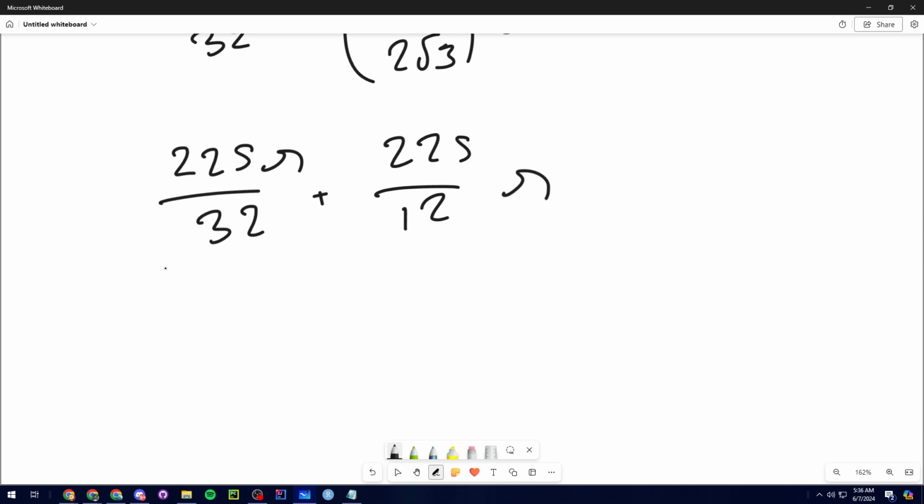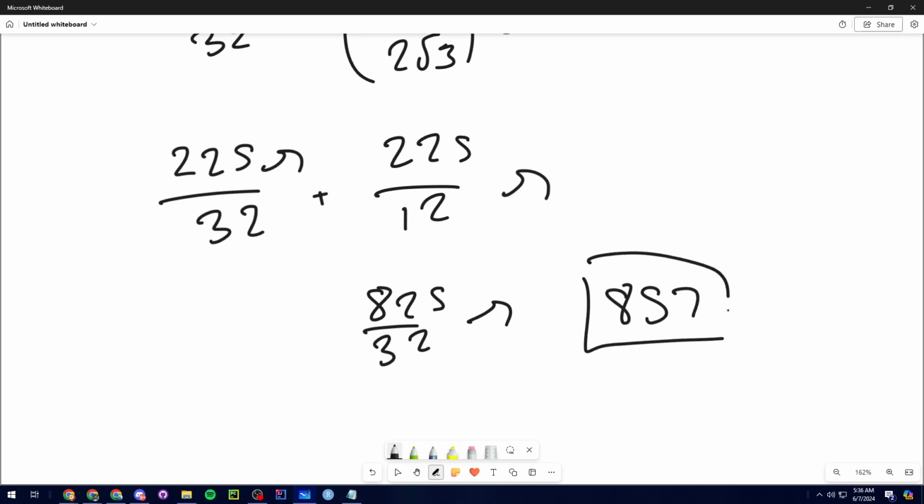But I'm just going to add them on my calculator just to give you the final answer. So that is just equal to 825 over 32 pi. And that will be 825 plus 32. That is just 857. That's just going to be your final answer.